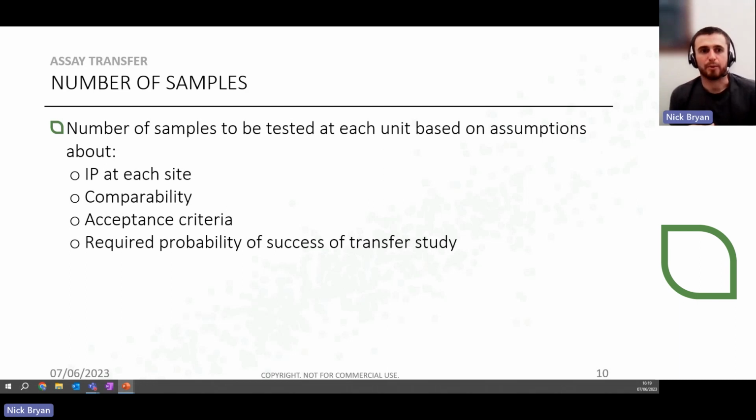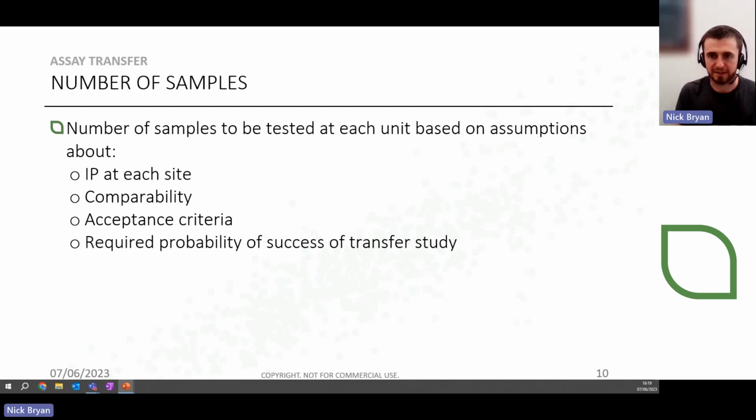And this can also have an implication on the number of samples. So we can end up doing an iterative approach to deciding on the number of samples as well as the acceptance criteria.